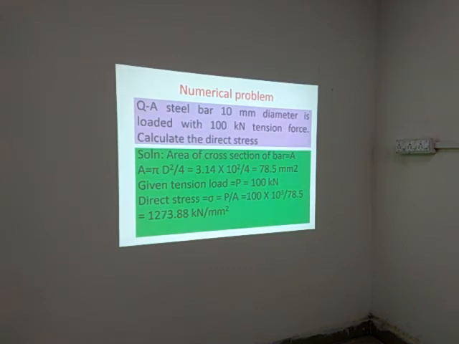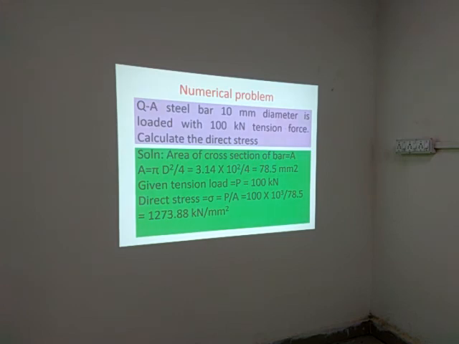So the area A is pi d square over 4, where d is the diameter, that is 10 mm. Putting in the values, 3.14 times 10 square mm divided by 4, this comes to 78.5 mm square. The given tensile load in this case is capital P, that is 100 kN.